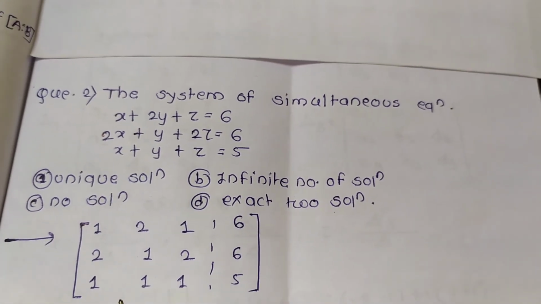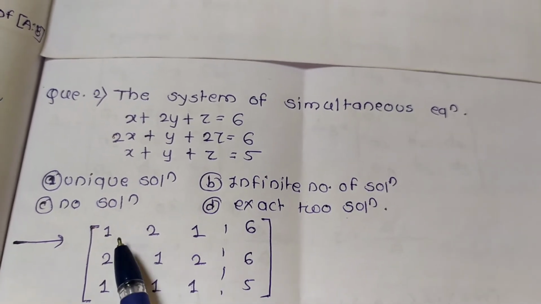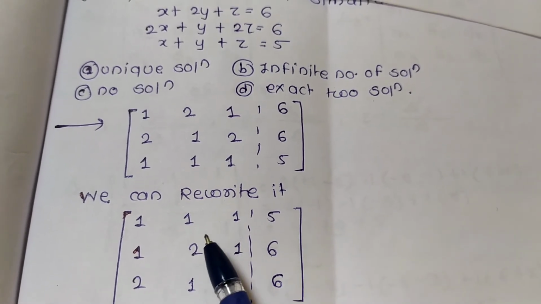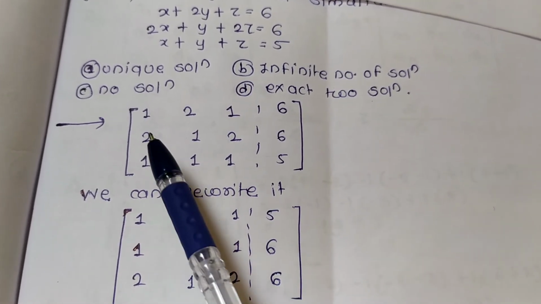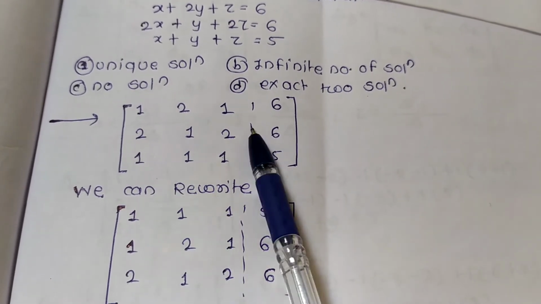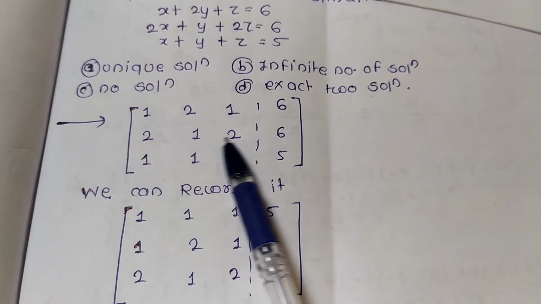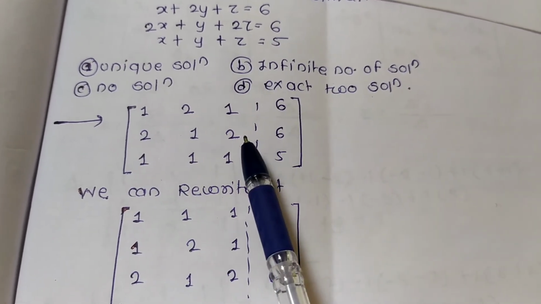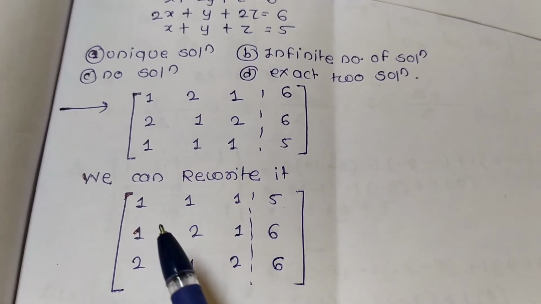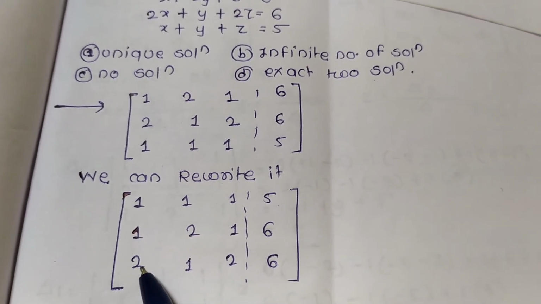For simple calculation, we can interchange rows here. After interchanging rows, this row becomes this row and this row becomes here, for convenient calculations. Now we can do R2 minus R1 and R3 minus 2R1.